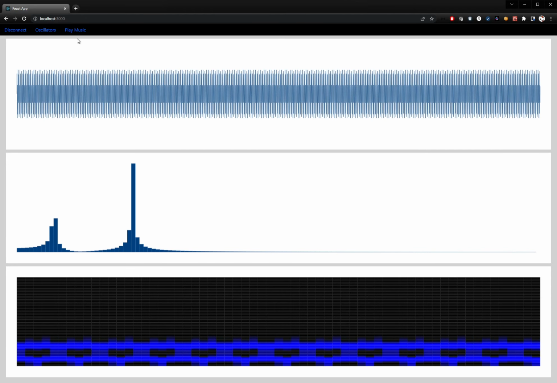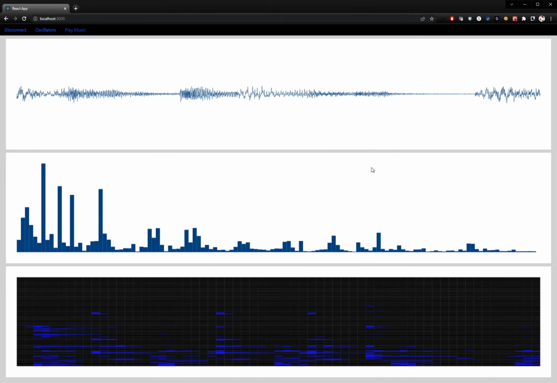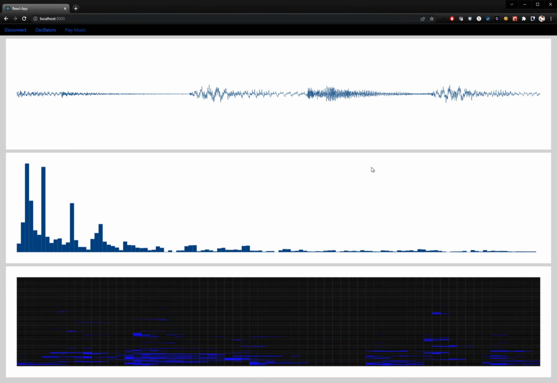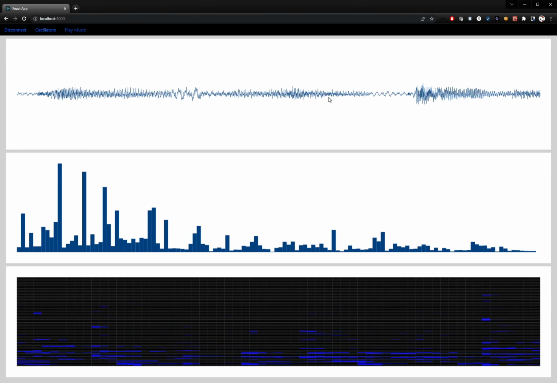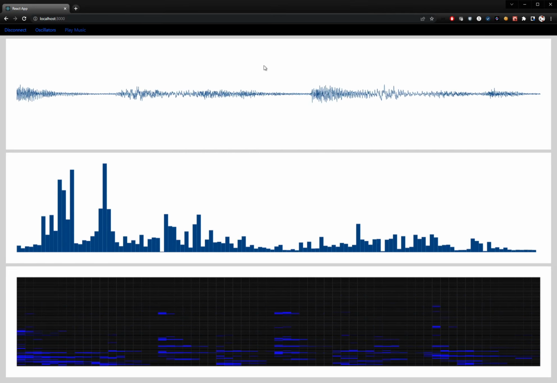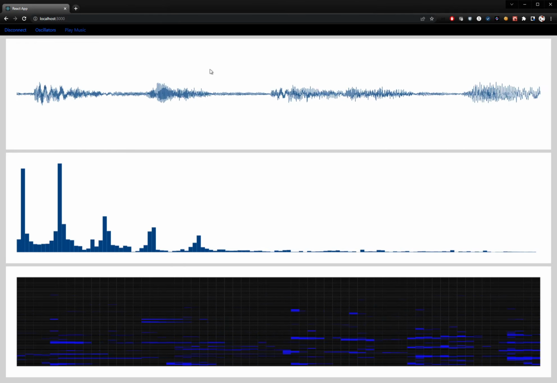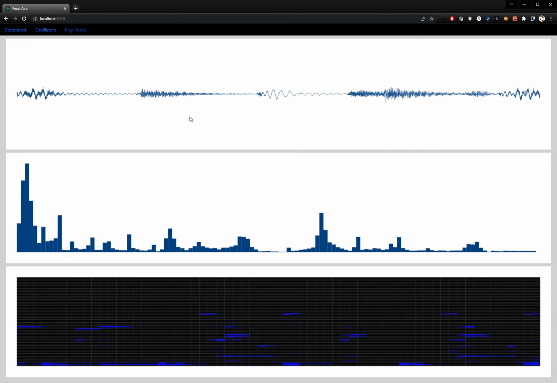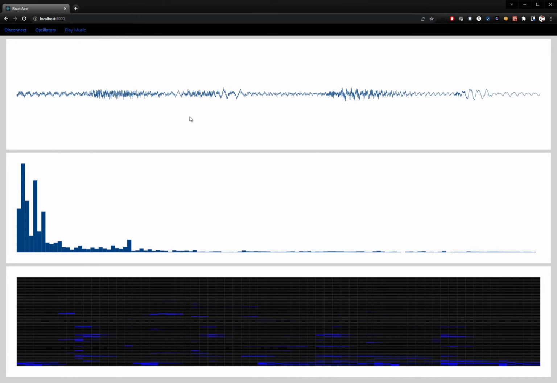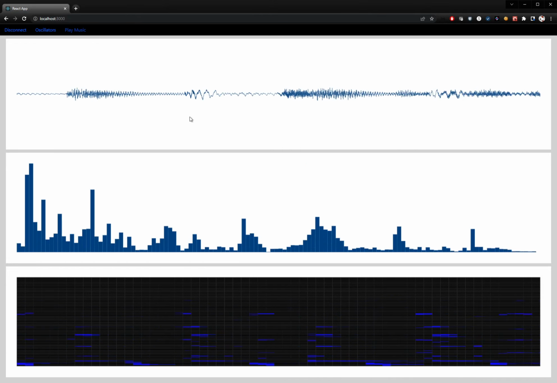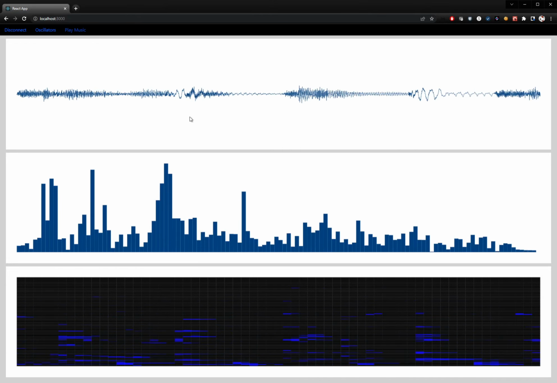So if you play something really complex through this system, what you can see at the top, there's nothing that you can pick out frequencies from. This is what I was saying. As the waveforms become more complicated, even though the waveform is still the sum of lots of simpler sine waves, you can't really see what's going on anymore.